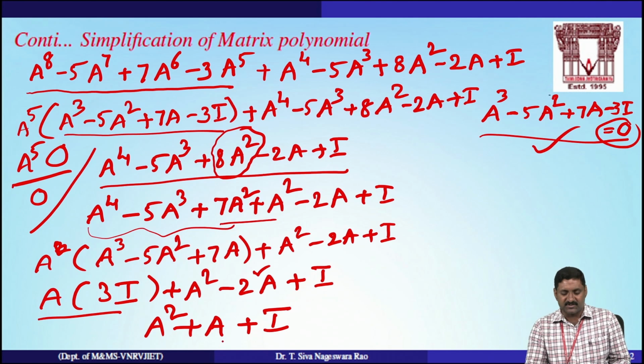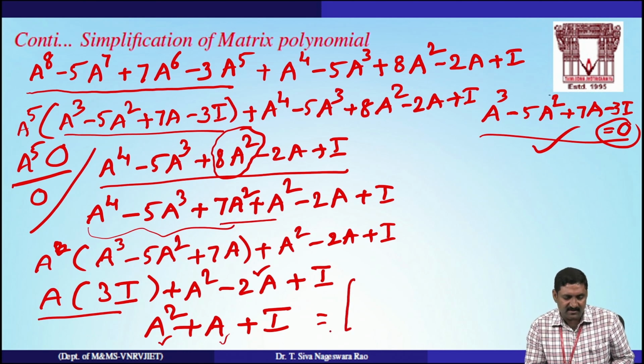Anyway, here we will substitute A value and A square value. Then what you will get? The final answer is, what is A square value?